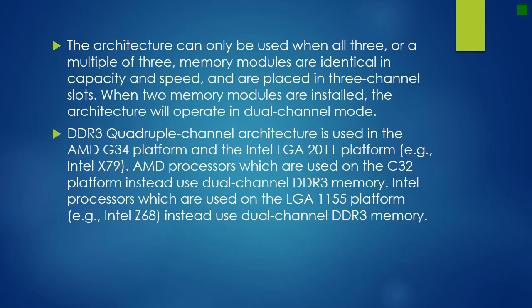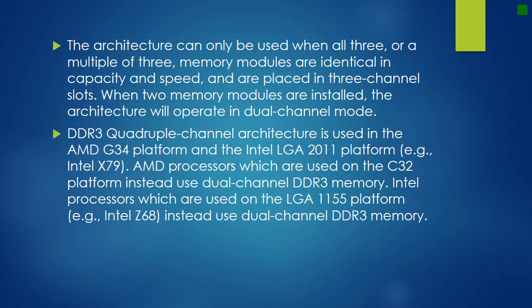The quad channel architecture can only be used when all four, or a multiple of four, memory modules are identical in capacity and speed and are placed in quad channel slots. When two memory modules are installed, the architecture will operate in dual channel mode. When three memory modules are installed, the architecture will operate in triple channel mode.